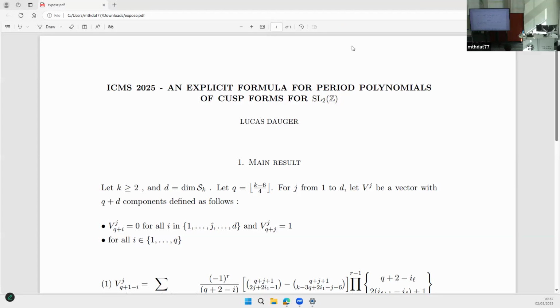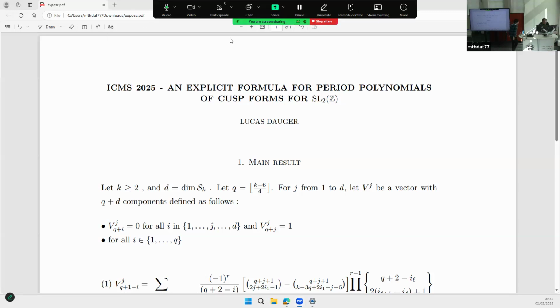Okay, so it will be divided in 3 parts. The first part will be just focused on giving a few basic definitions of period polynomials of cusp forms, once again for the full modular group.